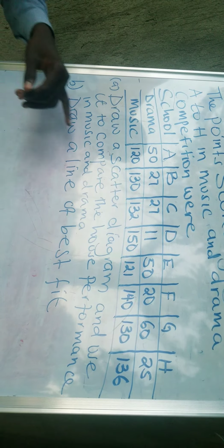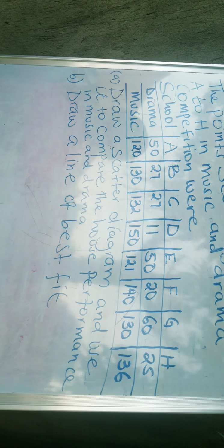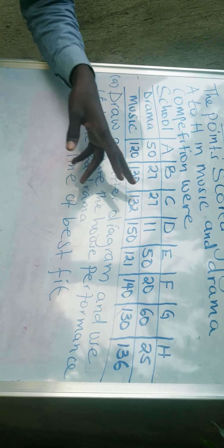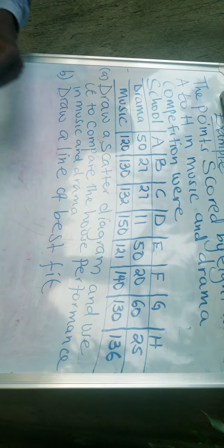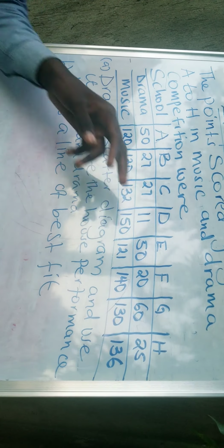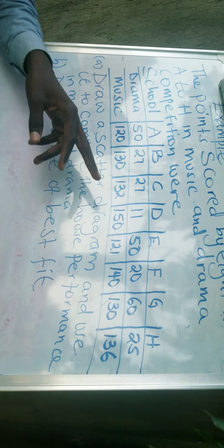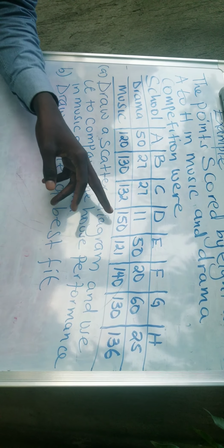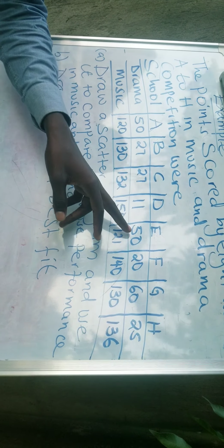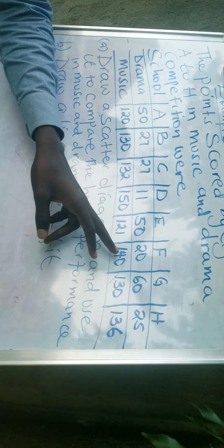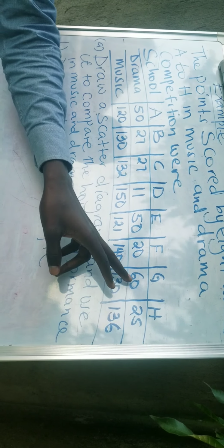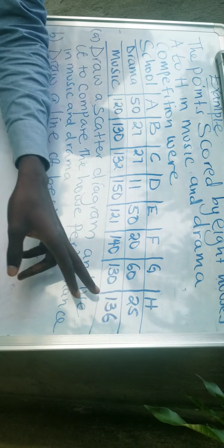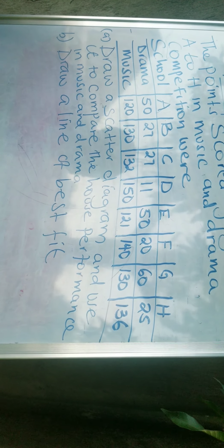School B scored 27 in drama, 130 in music. School C scored 27 in drama, 132 in music. School D scored 11 in drama, then we are very good in music, 150. E 50, 121, F 20, 140, G 60, 130, and then H is 25, 136.